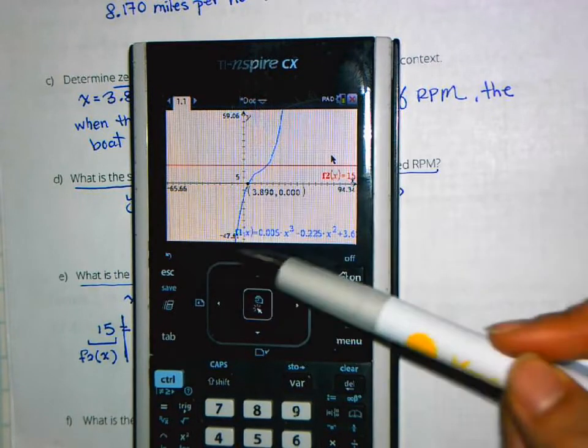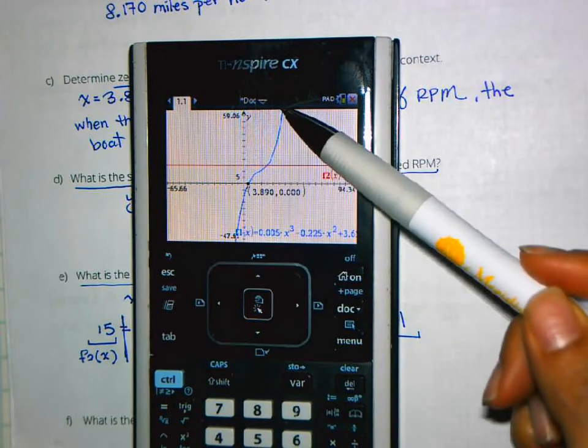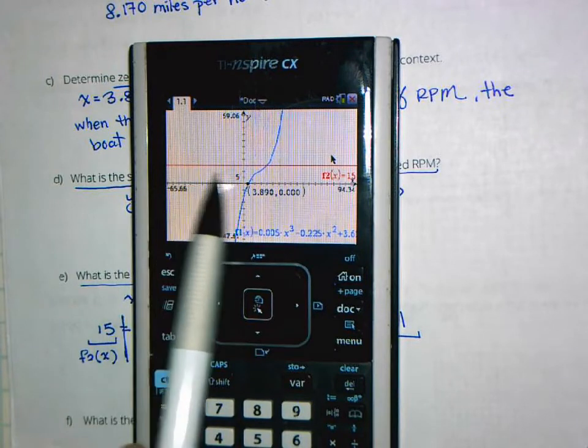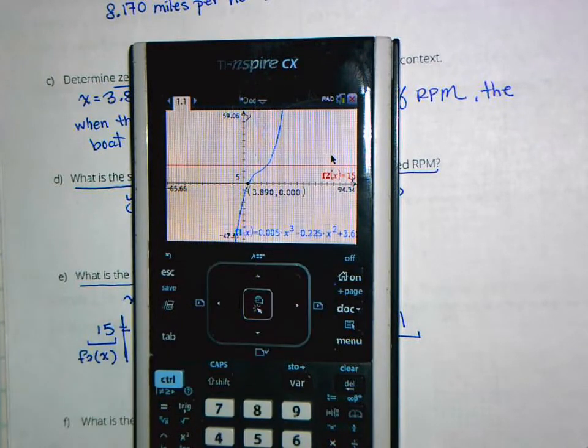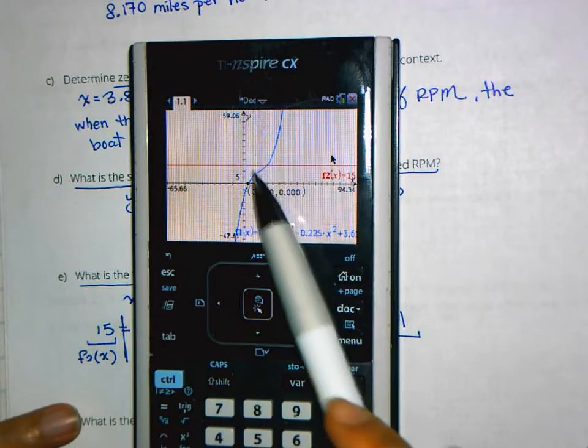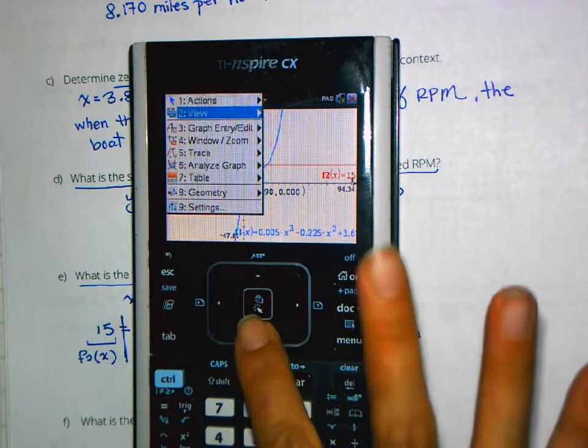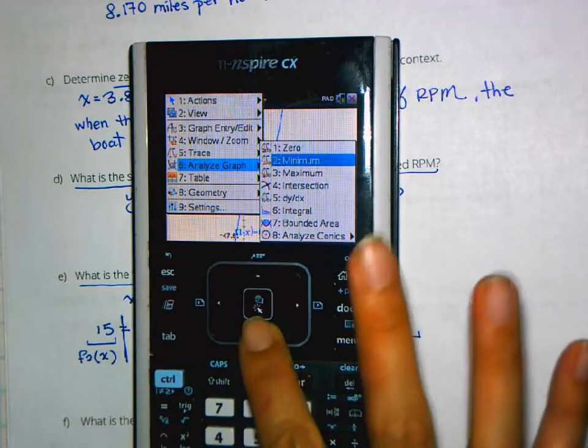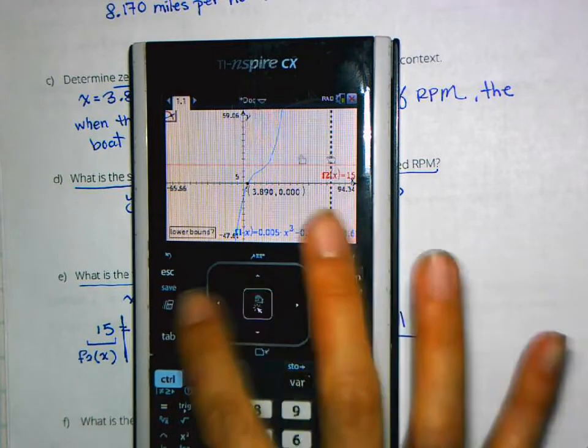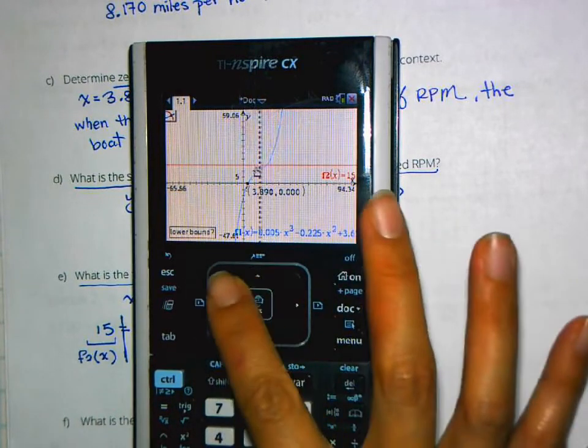So when is this graph equal to this graph? You're looking at the intersection right there. So you're going to go to Menu, Analyze Graph, Intersection, and just highlight that intersection.